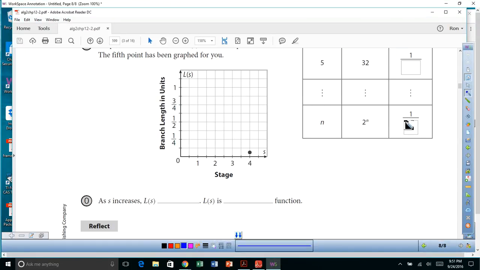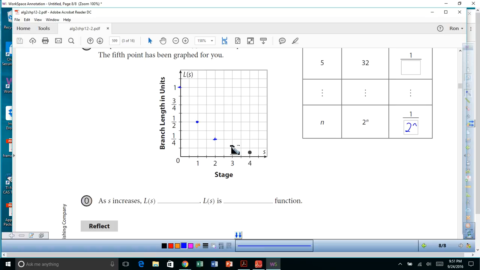So this would be 2 to the nth power. All right, so 0 was 1. 1 was 1/2. 2 was 1/4. 3 was 1/8.